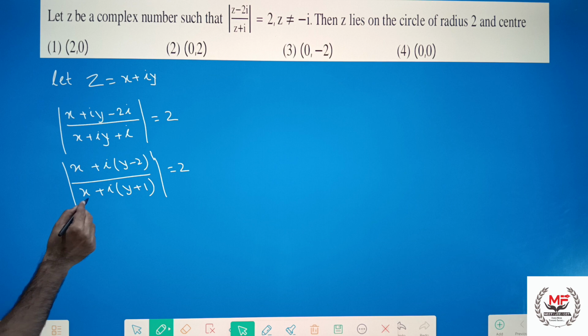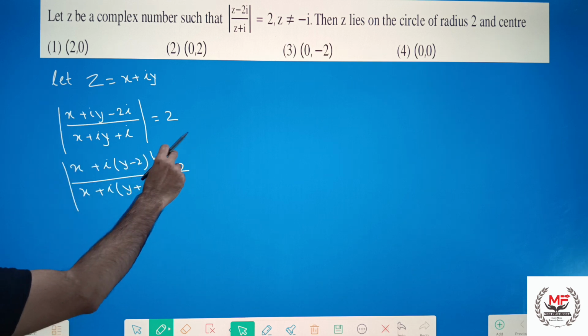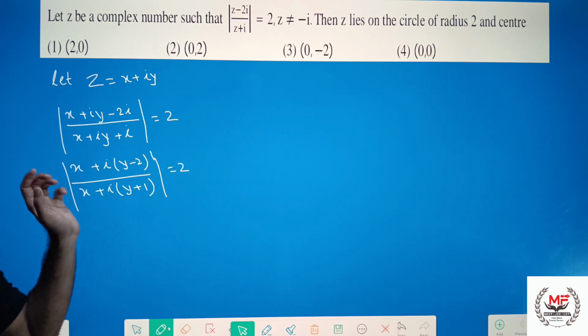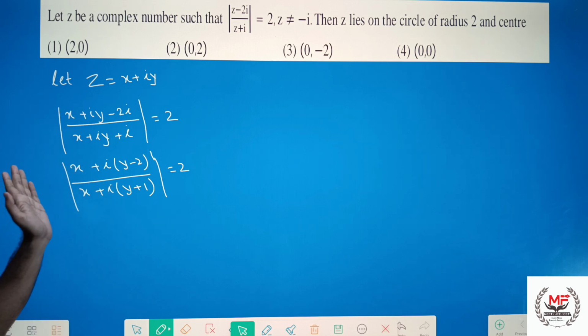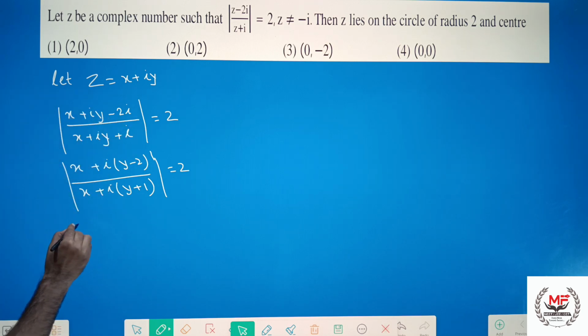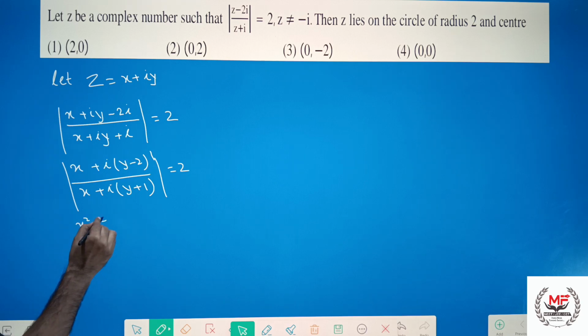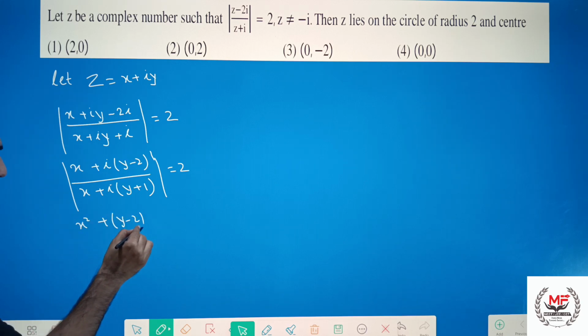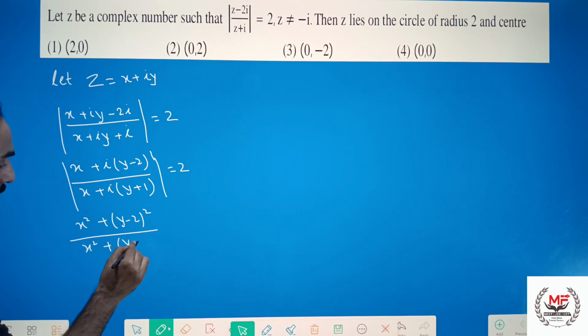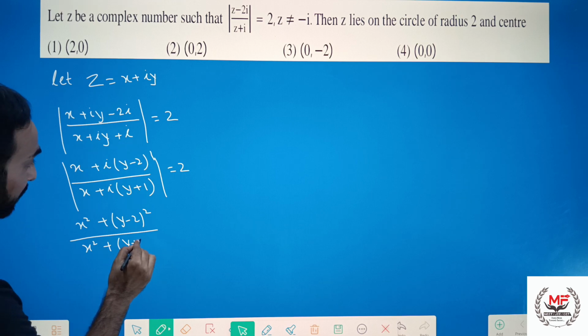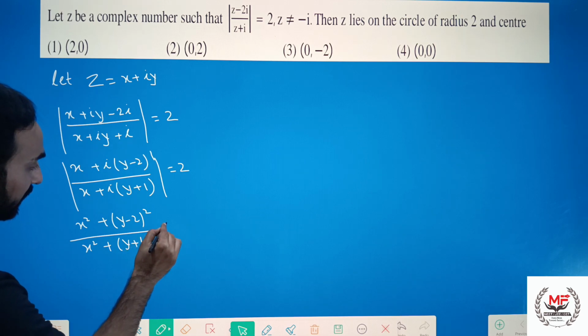right? Instead of writing the under root, I will square both the sides, and in the process of squaring both the sides, the square root on the left hand side will vanish, right? So I can write simply x square plus (y minus 2) square over x square plus (y plus 1) whole square, right?